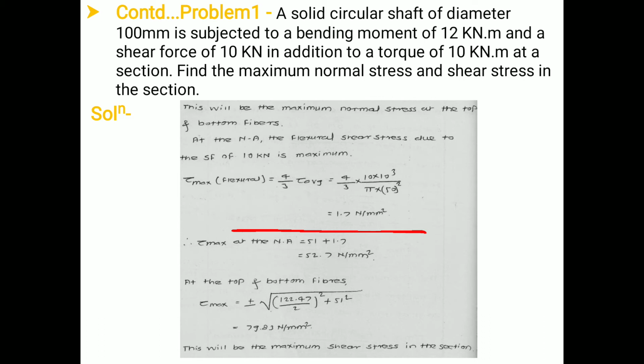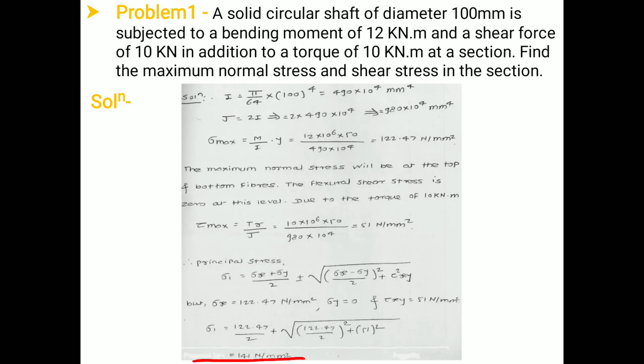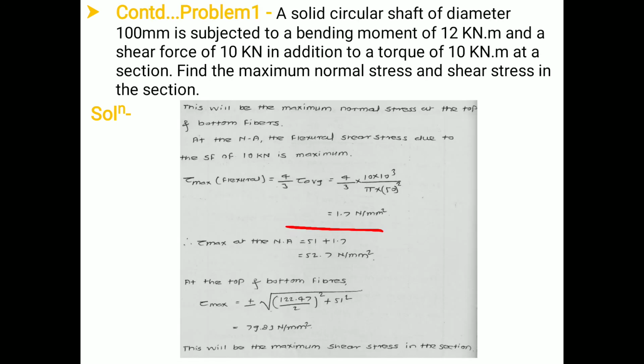Okay, so whatever value we have found is at the neutral axis, and whatever value of tau maximum we found earlier is at the extreme fiber. By mistake I have added this value, so don't consider this particular step, neglect it. Don't add 51 plus 1.7 because 51 is at the extreme fiber whereas 1.7 is at the neutral axis.